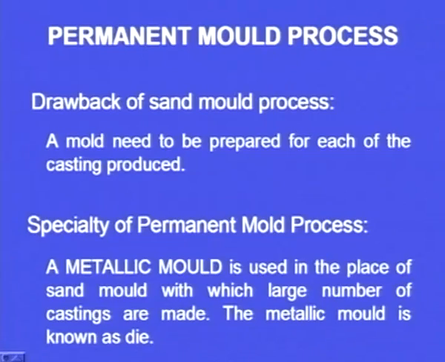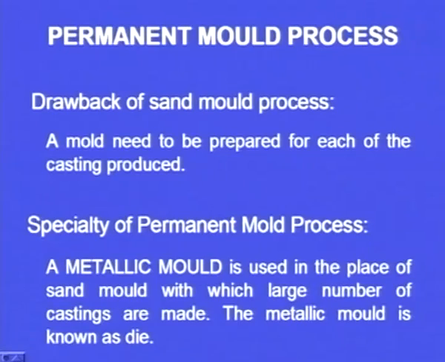In the permanent moulding process, the moulding material is made up of a metallic alloy. A metallic mould is used in the place of the sand, and this mould will be permanent. Unlike green sand moulding, we are not going to break the mould after solidification is over. We will only withdraw the casting from the mould, and the same metallic mould we can use for making another casting.